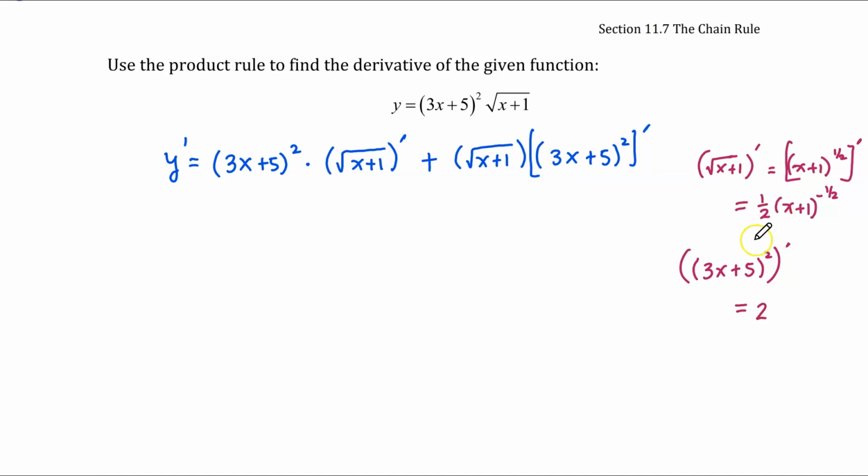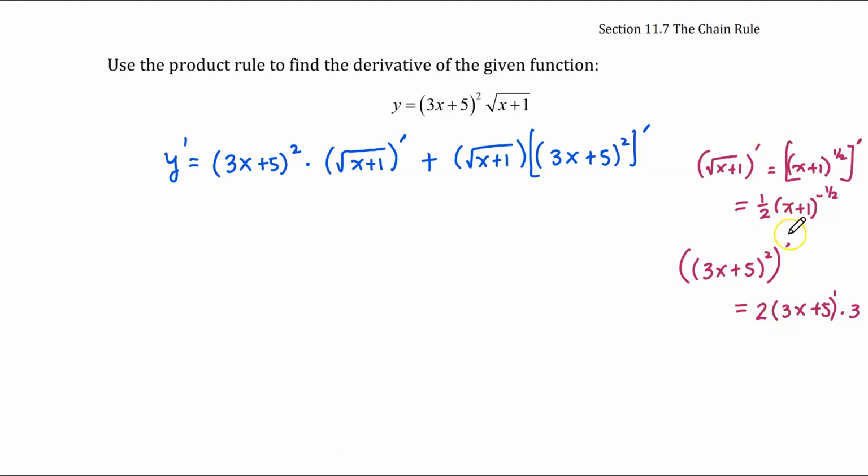So you bring down 2. You have 3x plus 5 raised to 2 minus 1, which is 1, times the derivative of u, which is 3. And then let's go ahead and plug this into the equation here.